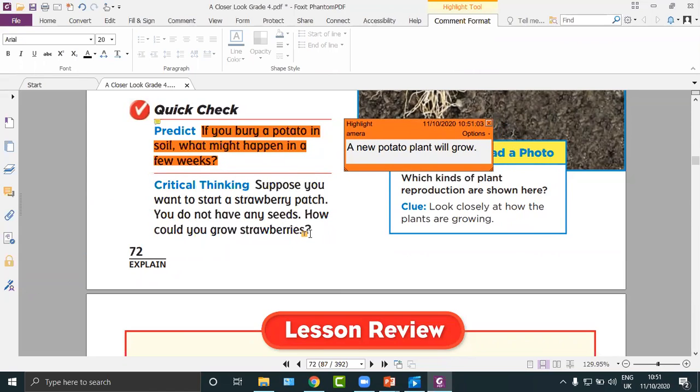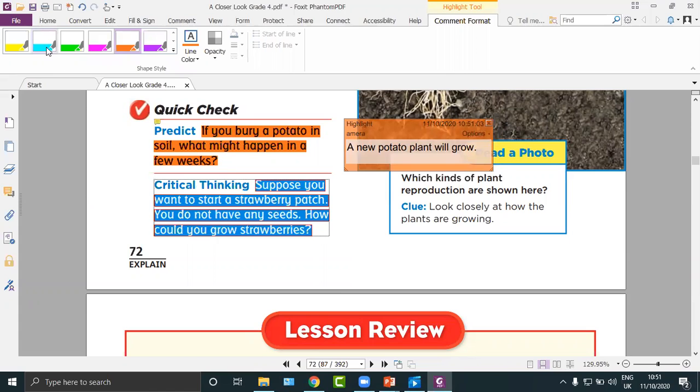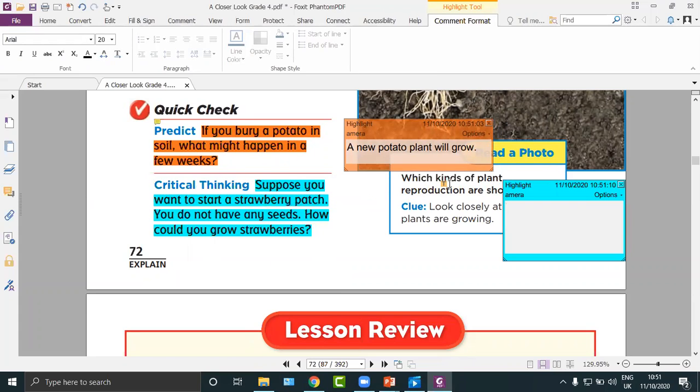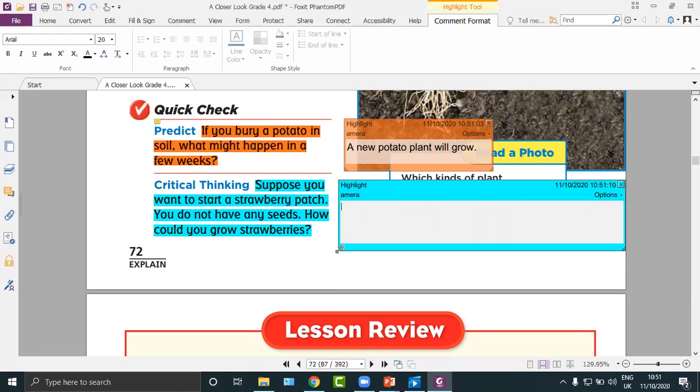Number 2, I know the answer. Critical thinking. Yes, Iyad. Suppose you want to start a strawberry patch. You do not have any seed. How could you grow strawberries?